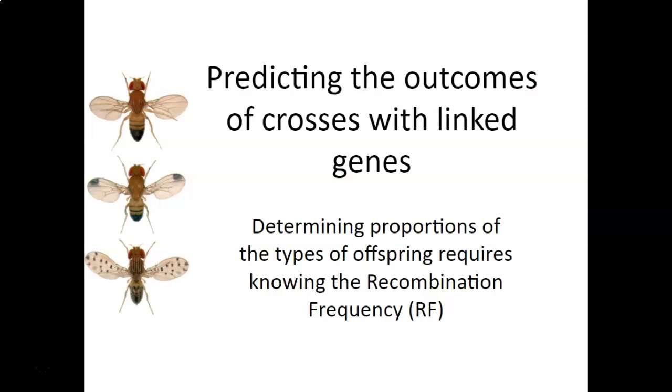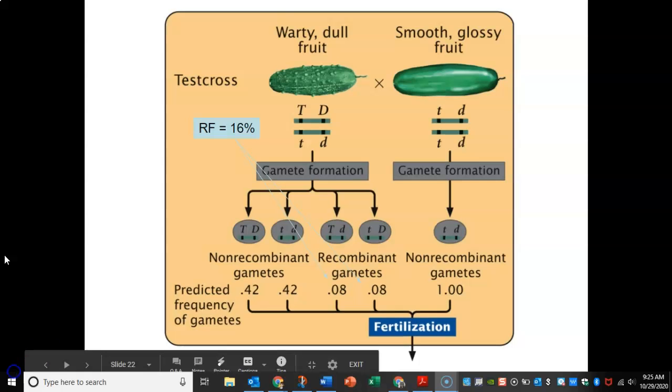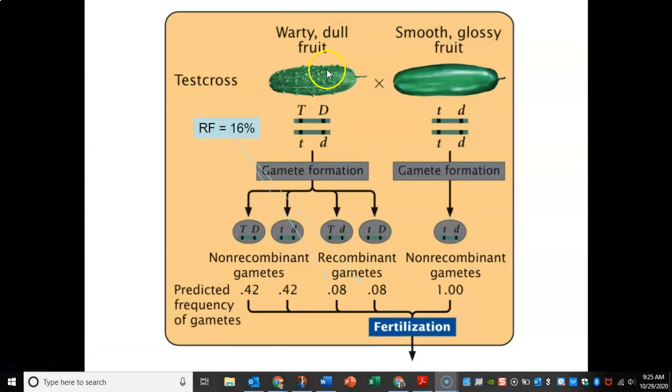So now, predicting outcomes of crosses with linked genes. Okay, so this is all about knowing the recombination frequency. Fruit. Okay, so if you're crossing this warty dull fruit with this smooth glossy fruit, you can see that this is a test cross because it's all homozygous recessive.